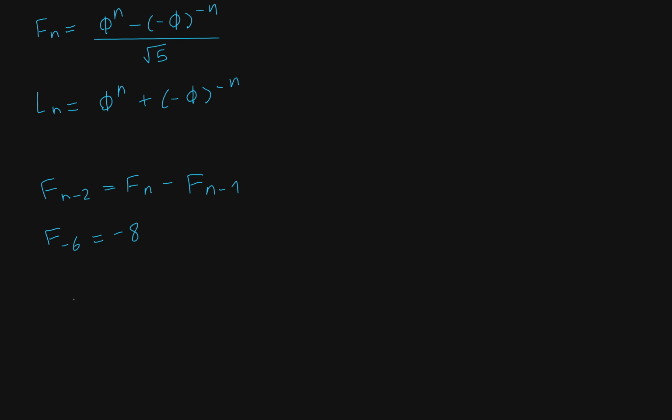But how about this? Now that we have n by itself here, how about fractional values? Now, if we have fractional values, the thing is here, we have a negative number, negative phi, to a root, a negative root. So what we're going to have is basically a complex output.